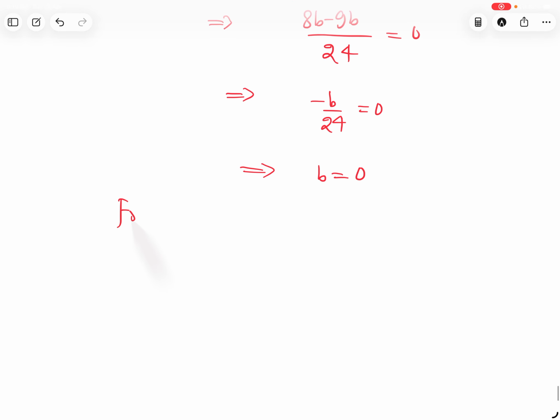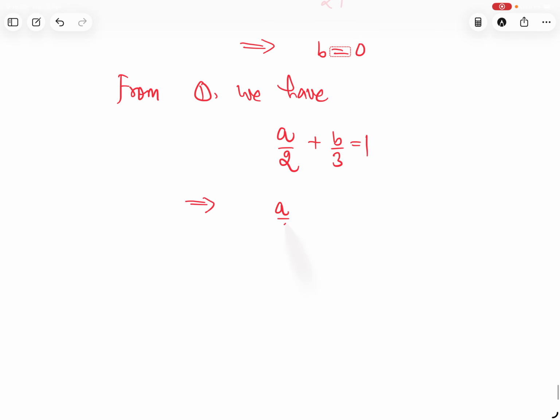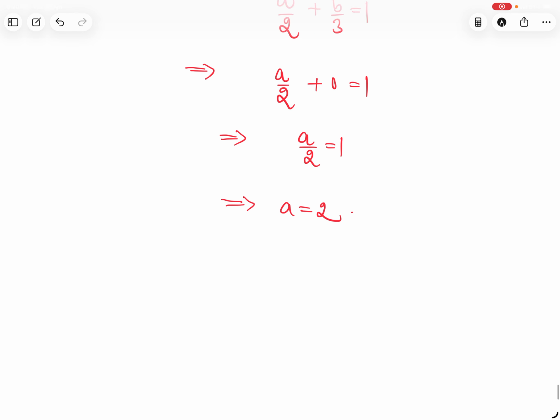Now from equation 1, we have a by 2 plus b by 3 is equal to 1. Since the value of b is 0, this gives a by 2 is equal to 1, so a is equal to 2. Finally, we have a is equal to 2 and b is 0. So this is the answer.